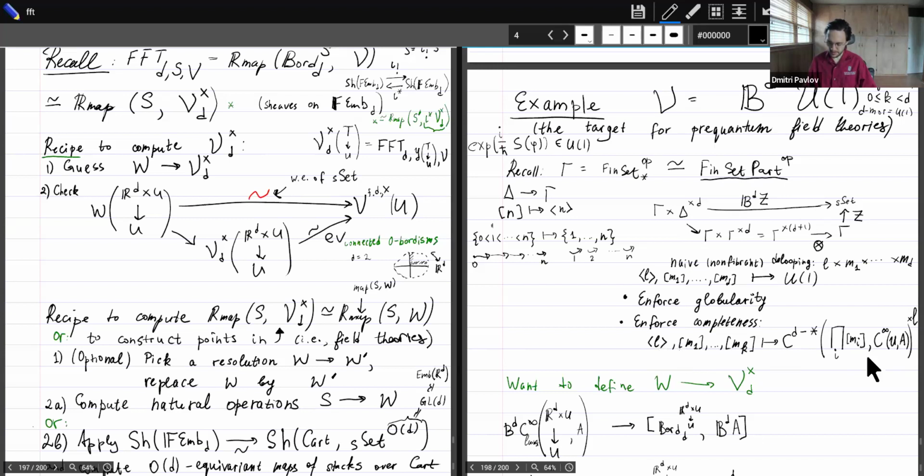And then for each of the L elements, you have a copy of, and this may come out of the blue a little bit, but what you see here are cubical cochains on the product of these simplices, which you interpret as cubical sets.